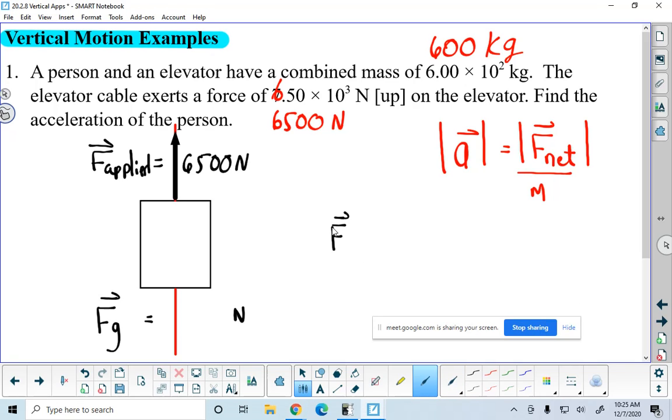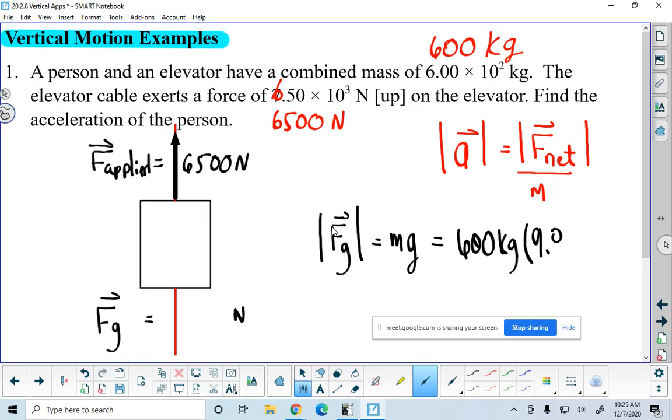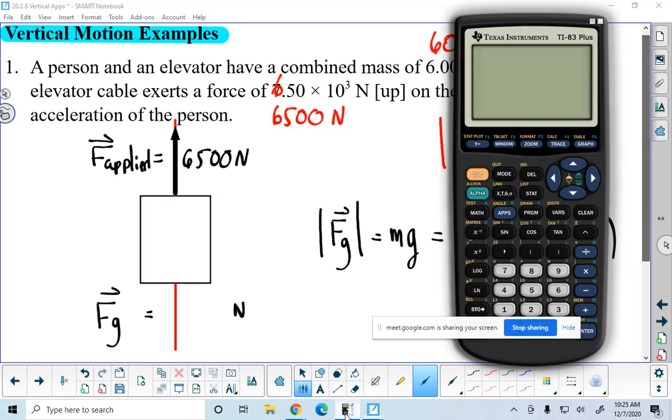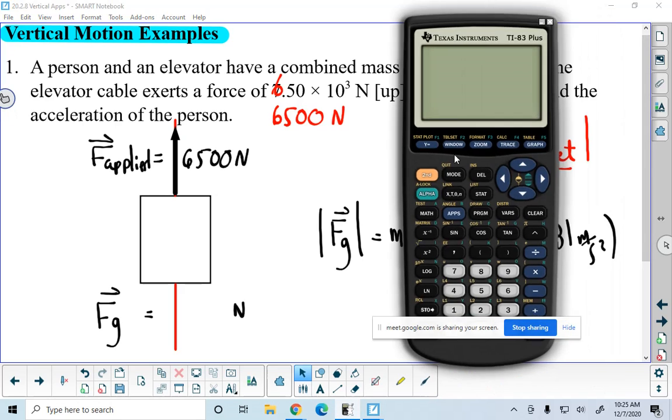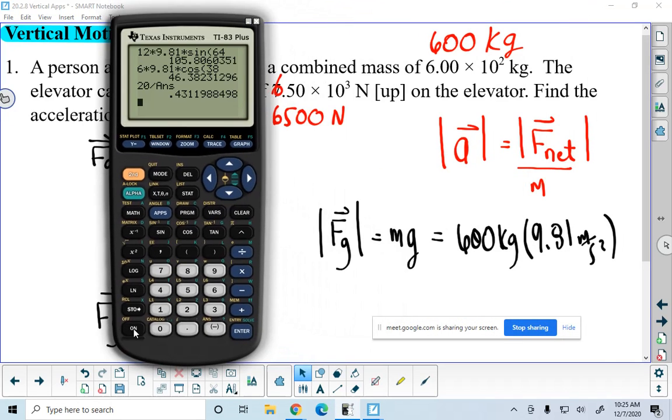We calculate the magnitude of the force of gravity by taking the mass times 9.81, so that's 600 multiplied by 9.81, which gives us 5886.